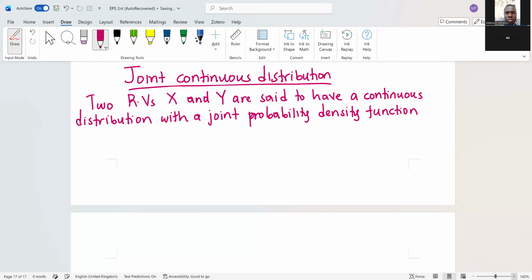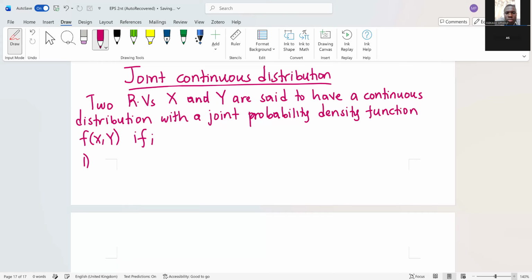Now the probability density function here is f(x,y). Recall from the previous module it was f(x). I have always been explaining this is multivariate. So the joint probability density function f(x,y) has the same properties.